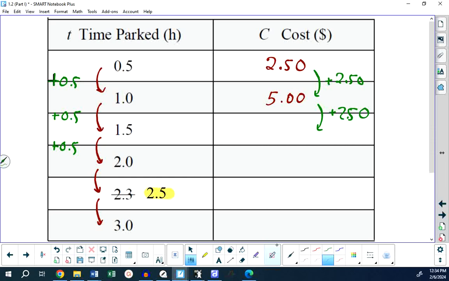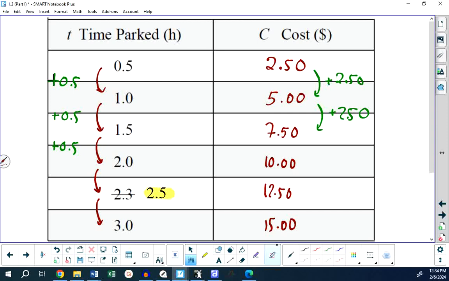Right? So we add another $2.50. And you can use your calculator to figure these out. We add another $2.50. We add another $2.50. We add another $2.50. So we'll pause there. Are we okay with getting that table completed?